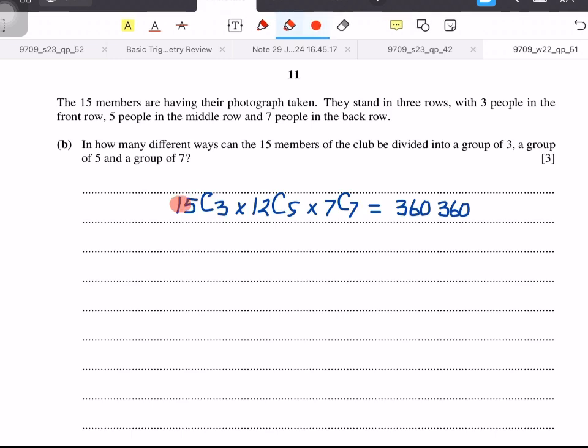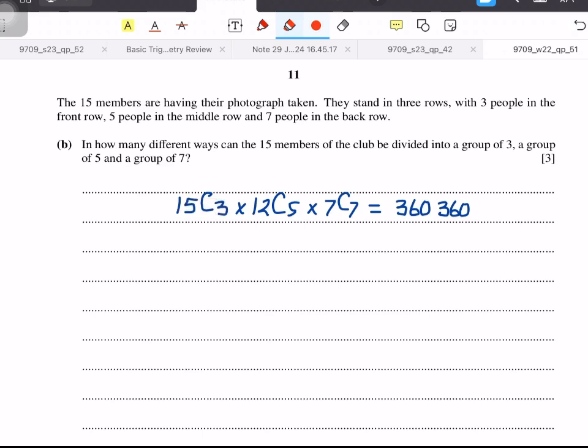So first we are choosing 3 from the total 15 members. So 15 choose 3, for the 3 people to be in the front row.